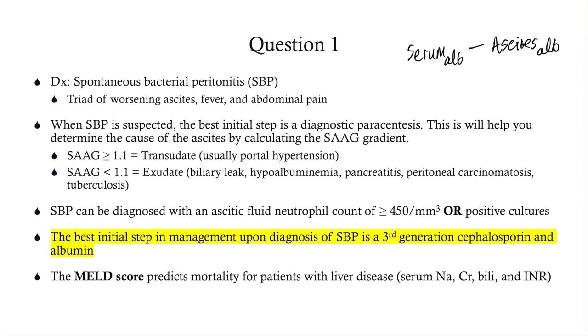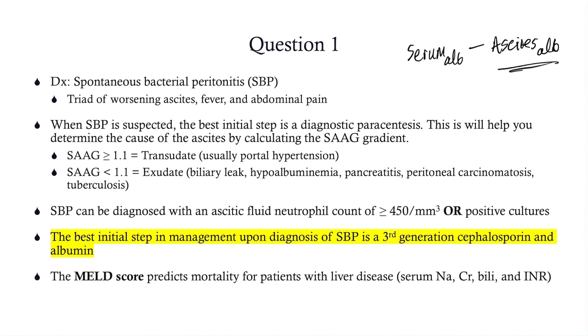And it makes sense, right? If you have a low albumin in your acidic fluid, it means it's mostly water being pushed out, not so much protein being pushed out. Whereas if it's less than 1.1, it means that the ascites albumin is higher, and that would mean that you have an exudate, and there are multiple causes of an exudate.